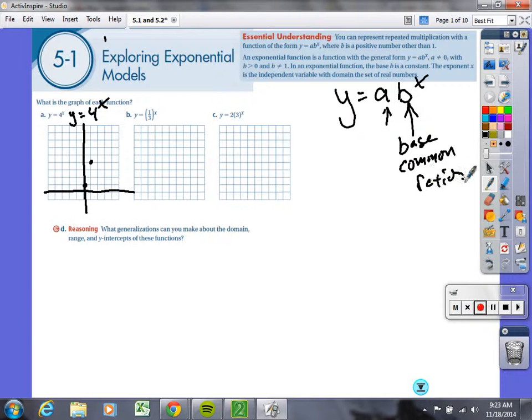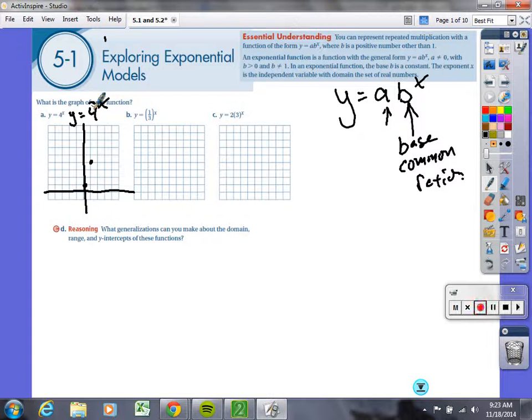Meaning, when we have this problem, for every 1 x, what's going to happen to my y? It's going to be multiplied by 4. So 1 times 4, that's where it's got 4. 4 times 4, 16. 16 times 4. That's why they just keep going, right? So right here, this is my base. It's also called my common ratio.